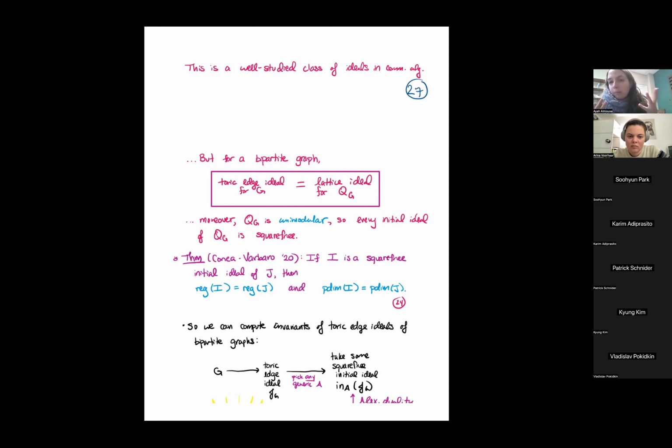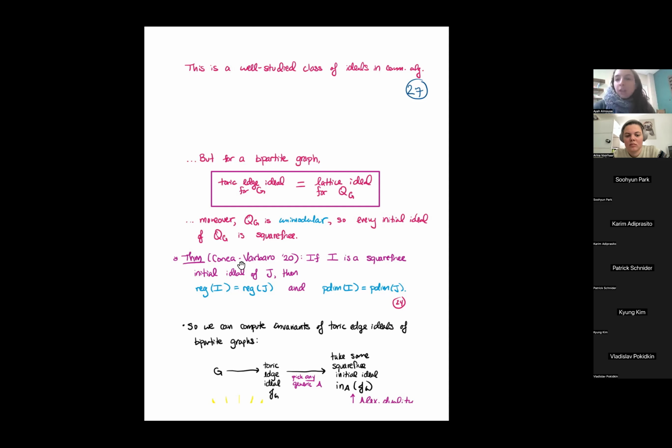This is a particularly nice class of lattice polytopes where every initial ideal is going to be square free. What ends up happening is that every triangulation is going to correspond to an initial ideal, and there's a bijection between them. So this is a particularly nice case of things.